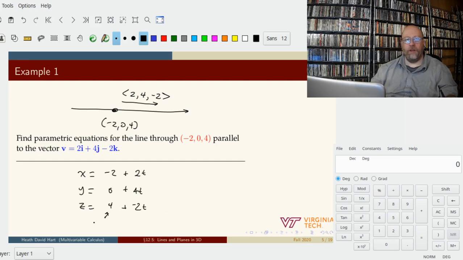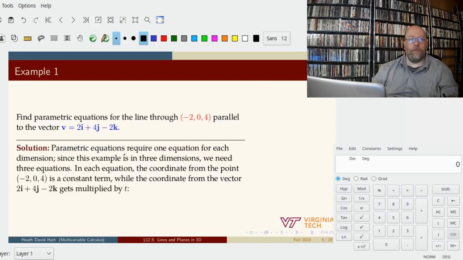The position stands by itself. The direction takes a variable. I've got this typed up on the next slide. Parametric equations require one equation for each dimension. This example is in 3 dimensions, so we need 3 equations.